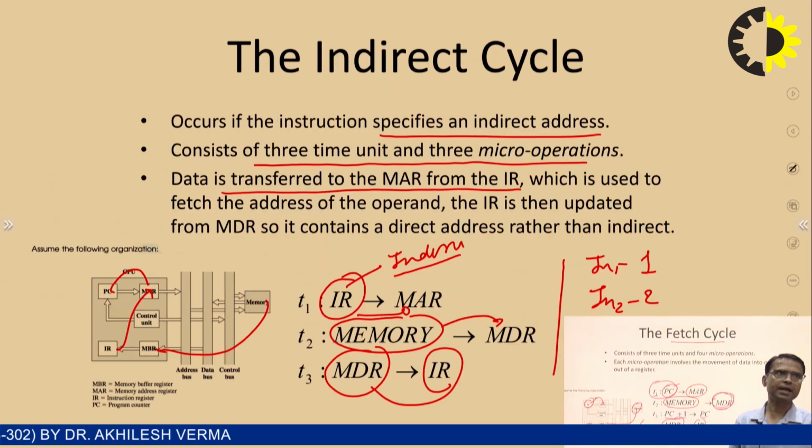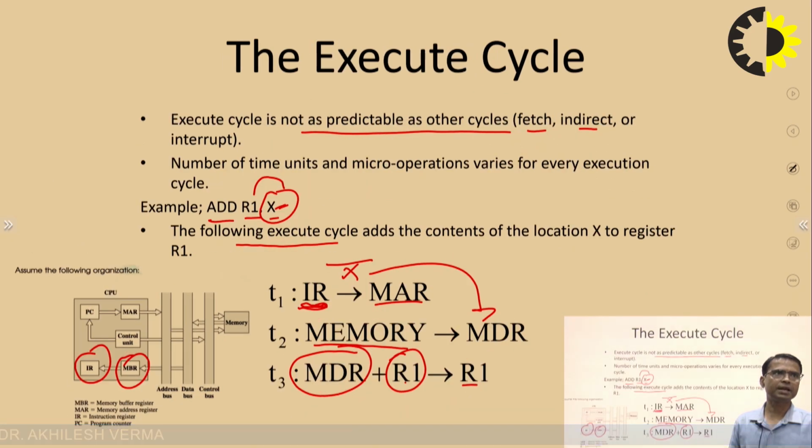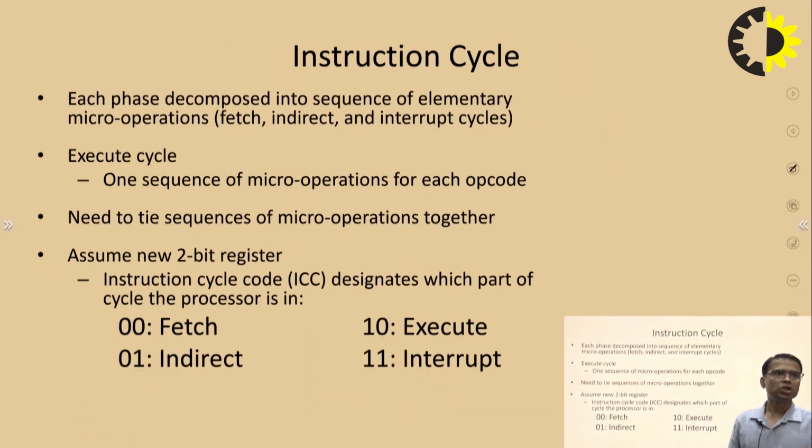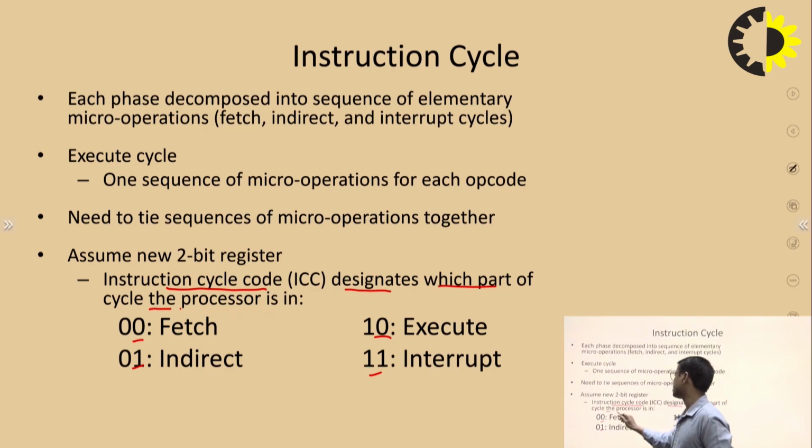Okay, fetch cycle, indirect cycle, interrupt cycle, and execute cycle. So how is this managed? To manage this, there is a 2-bit register within the control unit. By those 2 bits there are 4 possibilities, as shown here, and the instruction cycle code is stored there, and it designates which part of the cycle the processor is in.